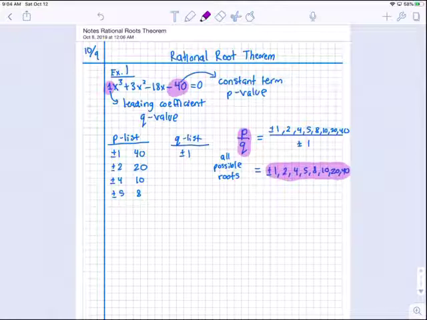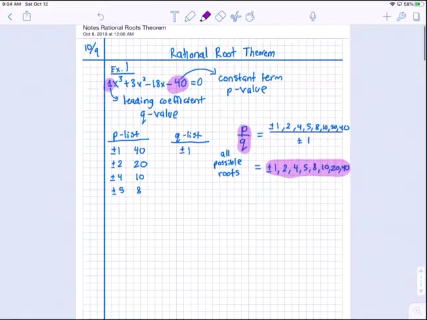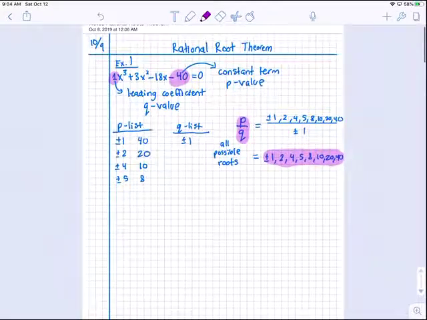Alright, so now we have to use synthetic division in order to find our roots. Now remember, you have to go back to the polynomial and write down all the coefficients, which is 1, 3, negative 18, and negative 40.